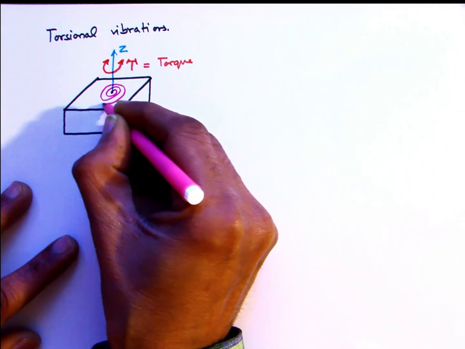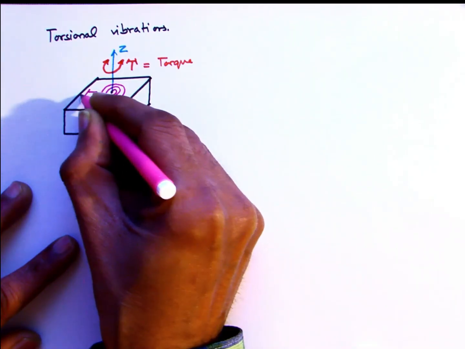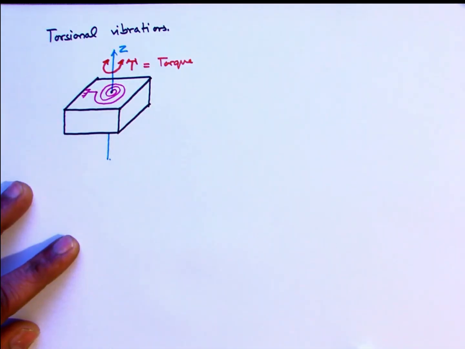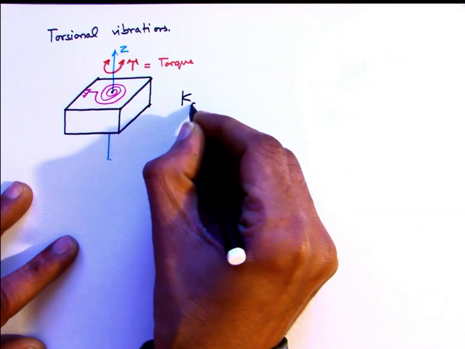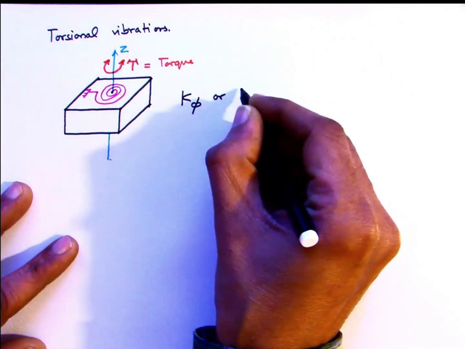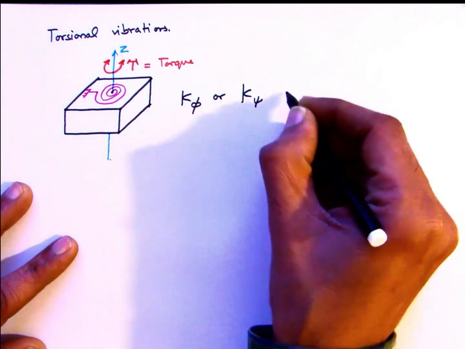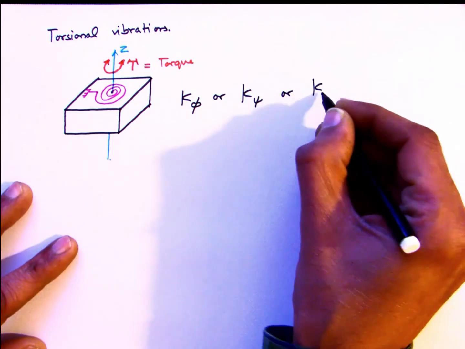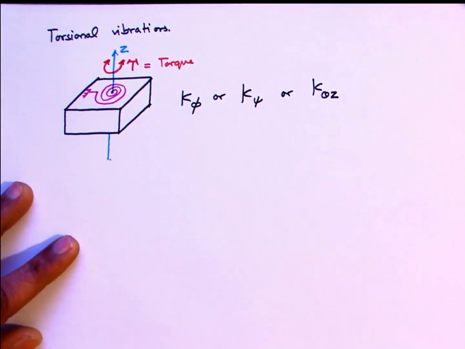This can be expressed in terms of a rotational spring in the horizontal plane as shown here. Note that this spring is in the horizontal plane, and the corresponding spring constant is indicated by symbol k phi or k xi or k theta z.